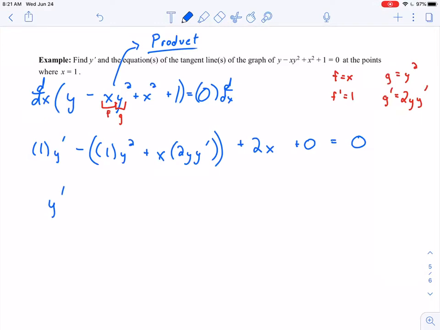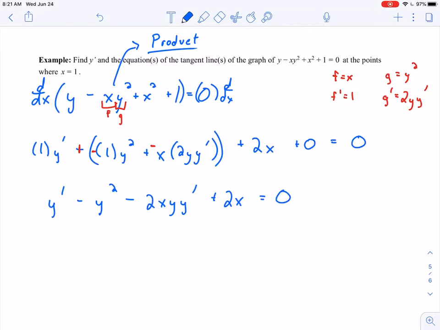Let's take this minus sign and distribute that. So I'll have minus y squared minus, I'm just going to reorder some of the factors, excuse me, I'll have minus 2xy, y prime, plus 2x is equal to 0.